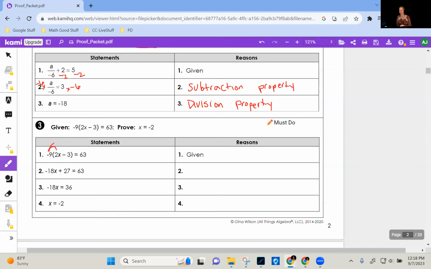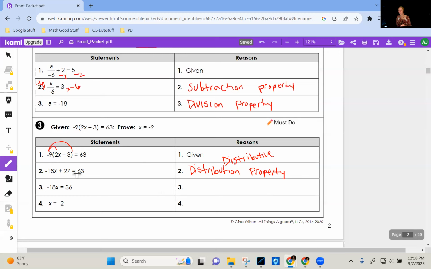It looks like I did distributing. Okay, so I'm going to write distribution property or distributive property. I don't actually care how you write it. I'll write both.